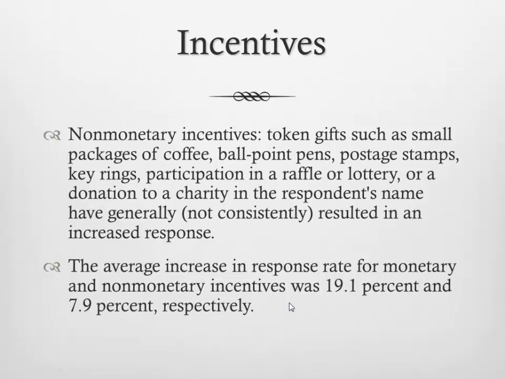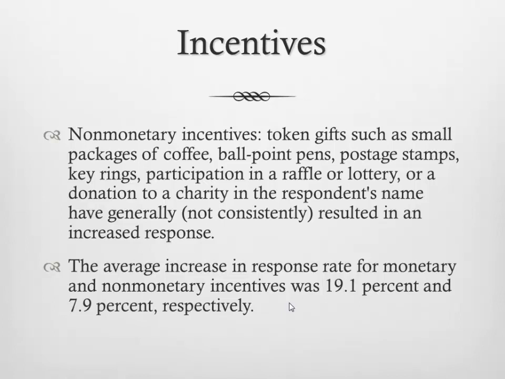All right, let's talk about incentives, which are basically things that you give people so that they will complete your questionnaire. Non-monetary incentives is one option, and then monetary or money incentives is another. Non-monetary incentives include things like token gifts, like small packages of coffee, tea bags.